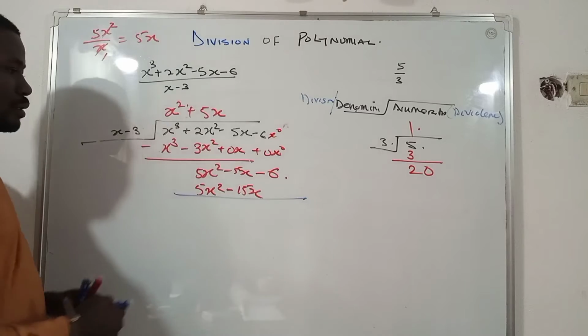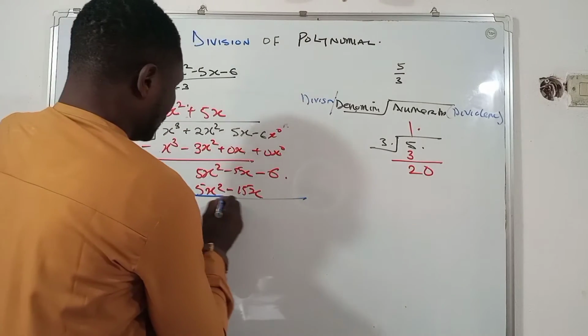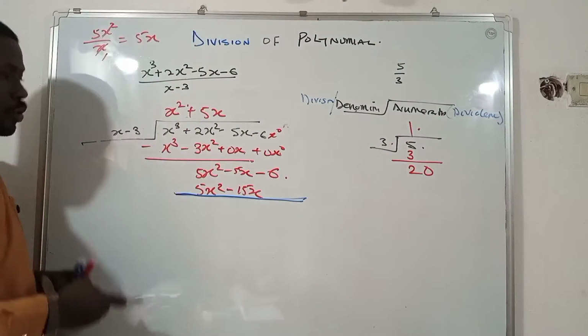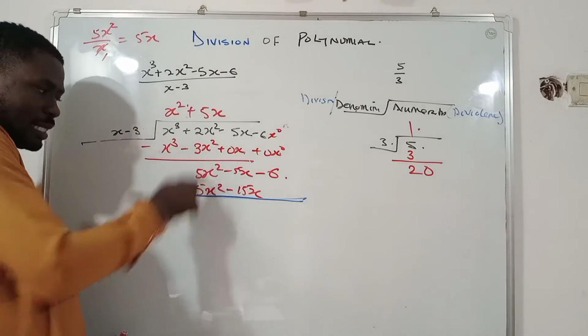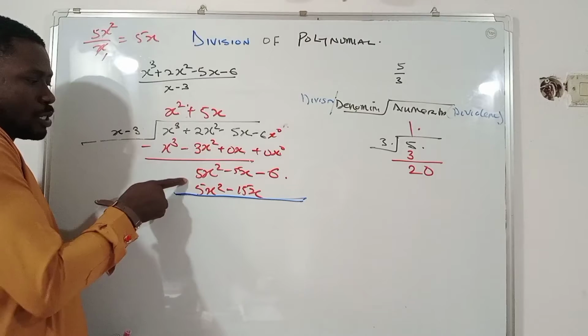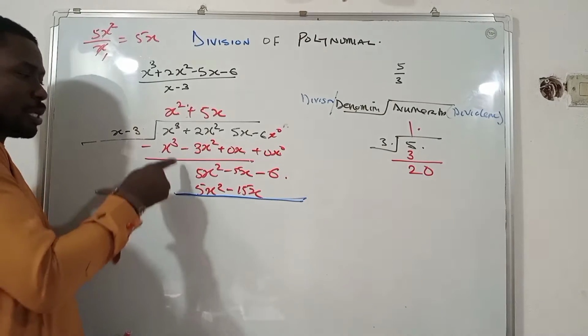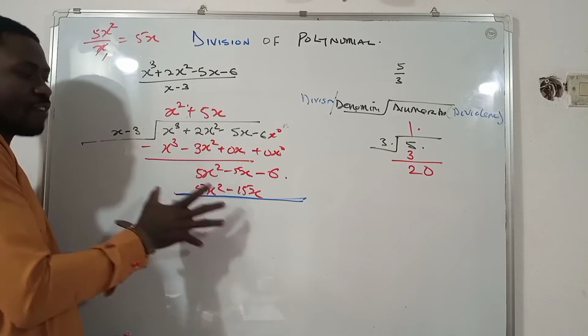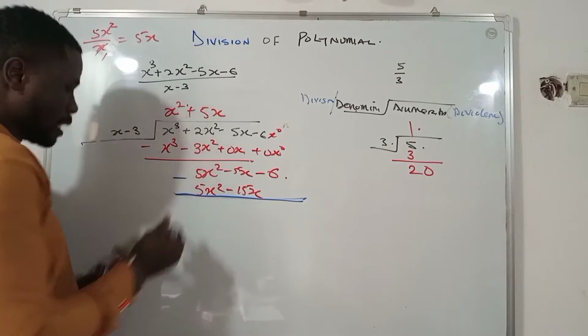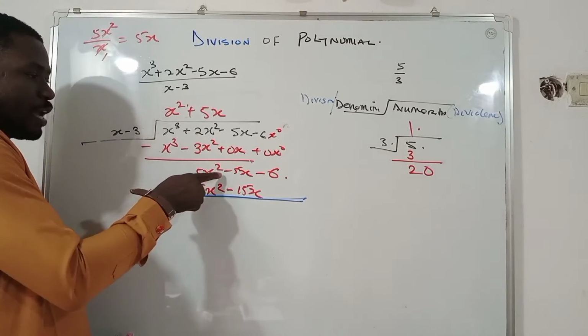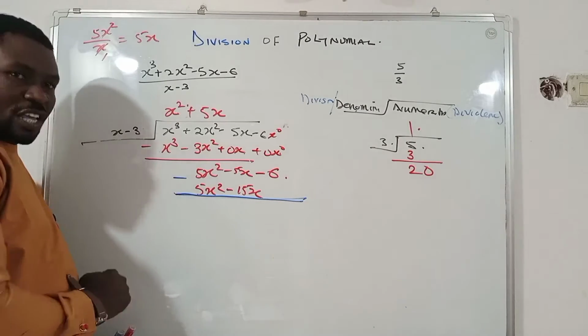So again, like I said earlier, we have to ensure that this turns to 0. I can't possibly put a plus sign here because a plus sign will give me 5x squared plus 5x squared, and of course that will be 10. I would rather introduce a minus sign because 5x squared minus 5x squared will give me 0.